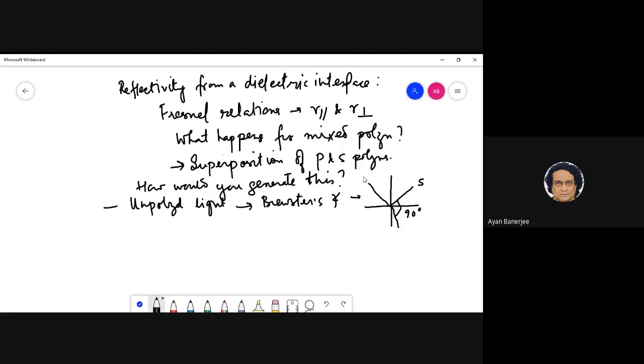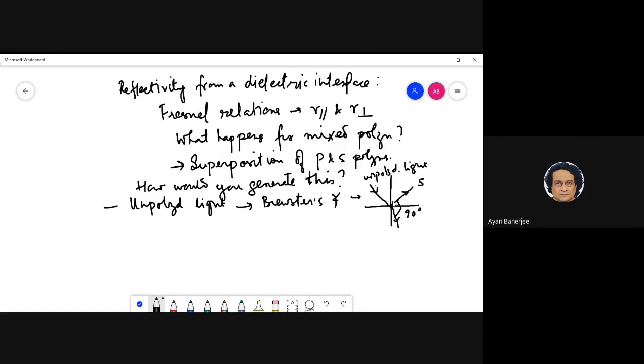If I come in with unpolarized light, then I am not sure why this one will become polarized.